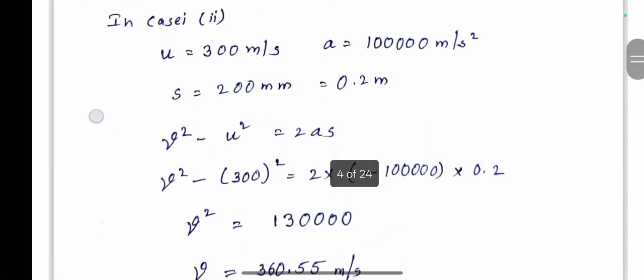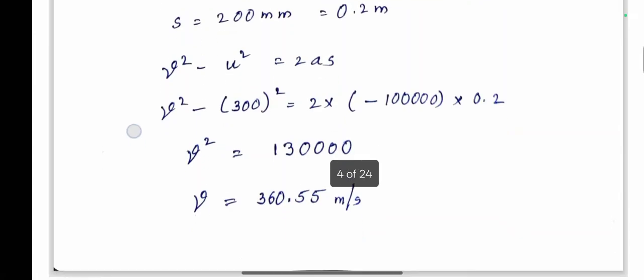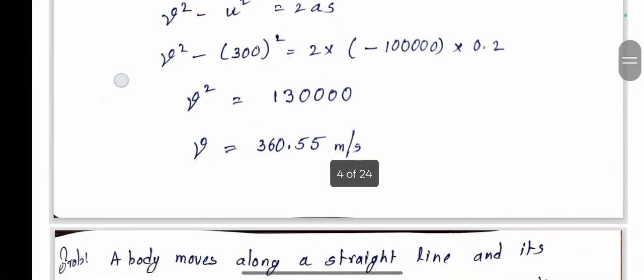So substituting in the same formula, v square minus u square is equal to 2as, v square minus 300 meters per second whole square is equal to 2 into minus 1 lakh into 0.2, which gives v square is equal to 50,000. So v is equal to square root of 50,000, which is 223.6 meters per second.